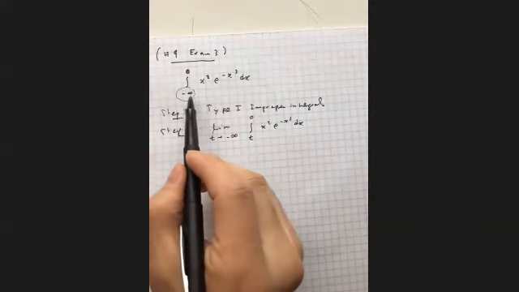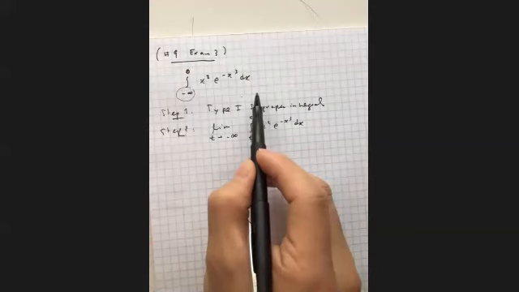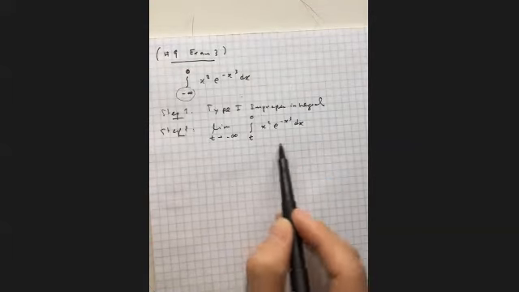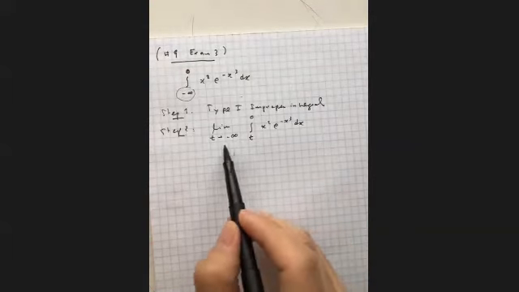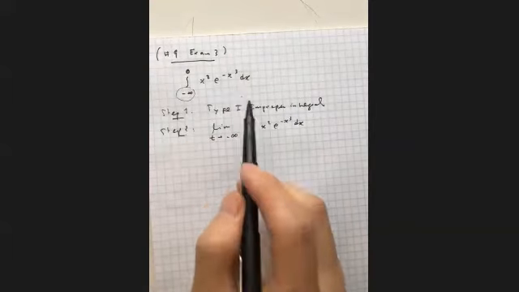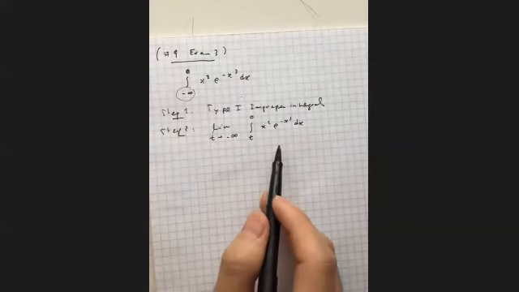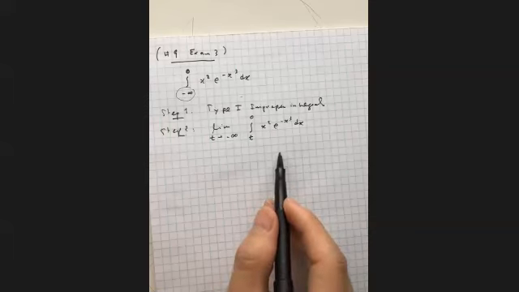Like I said again, this expression doesn't make sense, it's not well defined. Only this expression is well defined, and this is the real meaning of it. Knowing how to write down the definition of an improper integration is key for these kinds of questions.